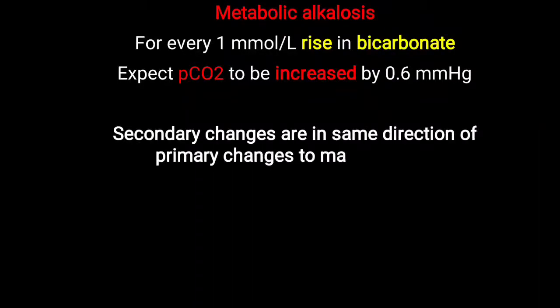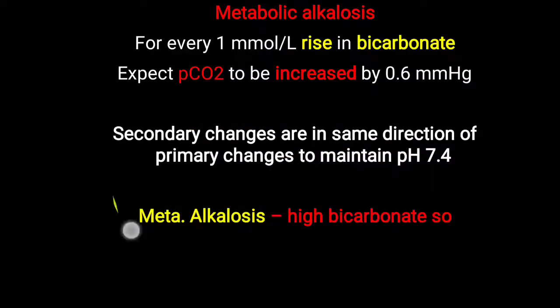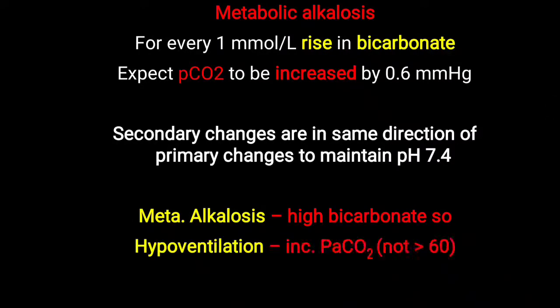These secondary changes are always in the same direction as the primary changes, and this applies to all acid base disorders. So in metabolic alkalosis, we have said the bicarbonate level is increased, and as a compensatory mechanism the partial pressure of carbon dioxide is increased, but not more than 60 mm of Hg.